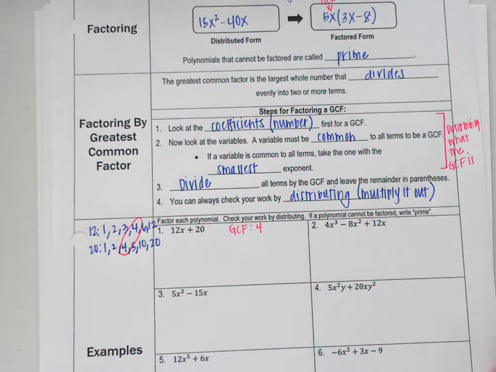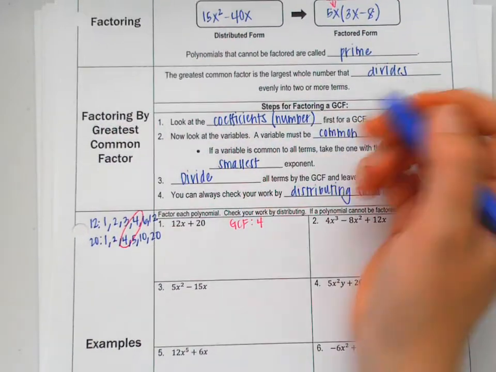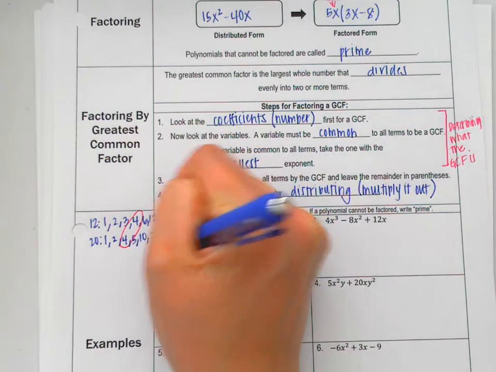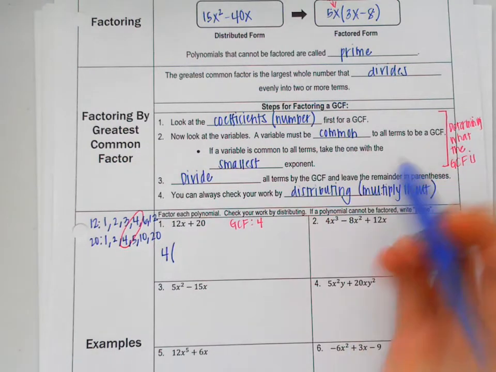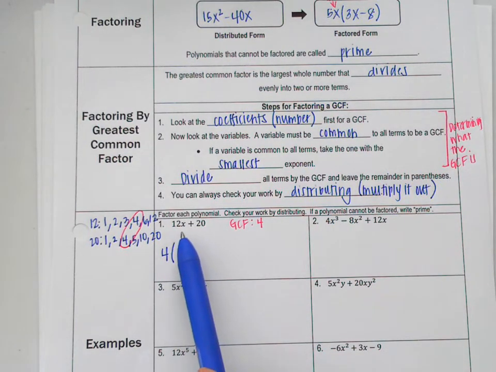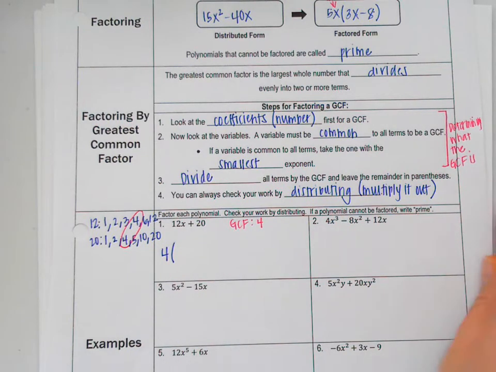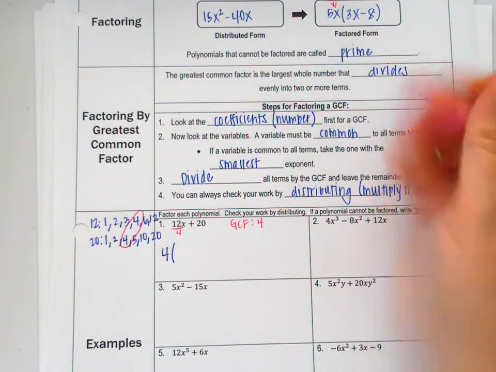So what we're going to do is you're always going to write your GCF on the outside. And then what's left is basically what happens when you divide each term by the GCF. So 12x divided by 4.